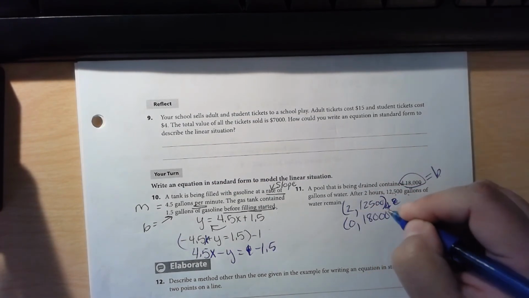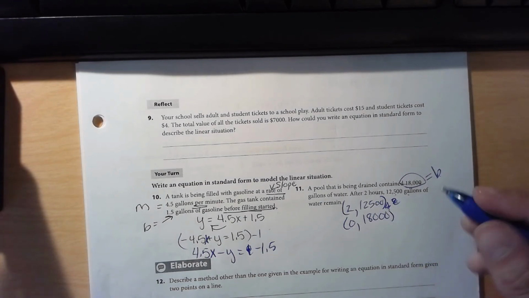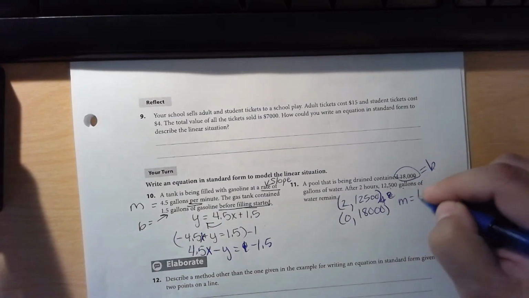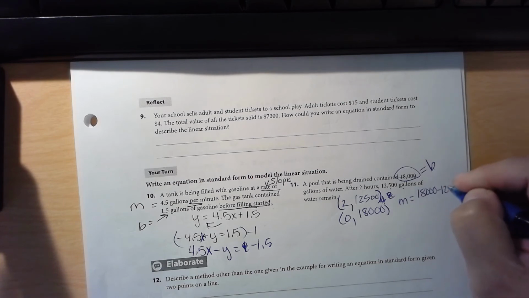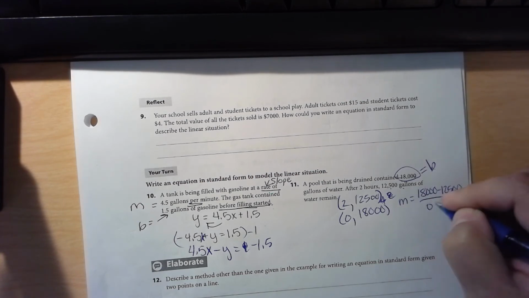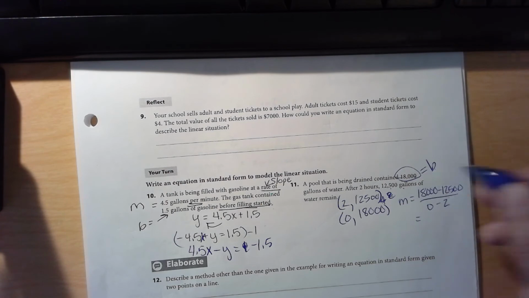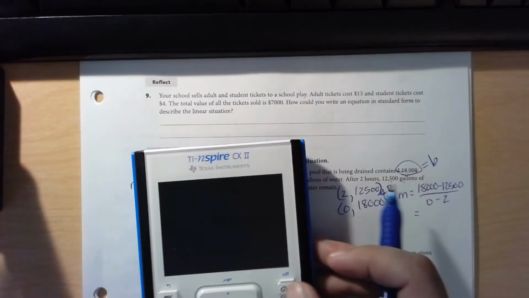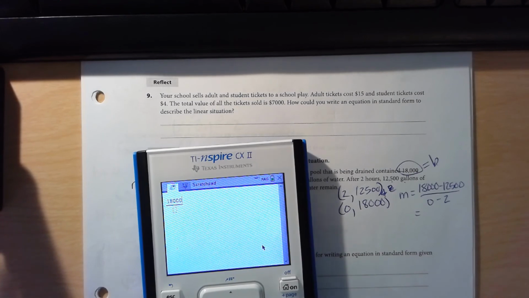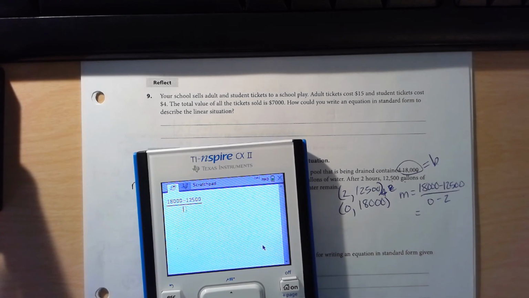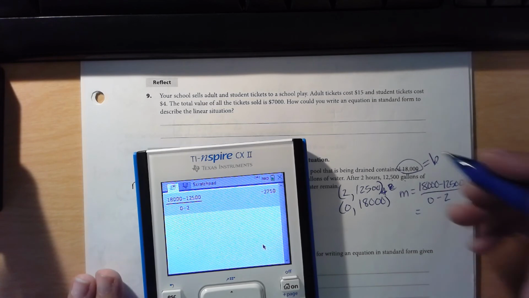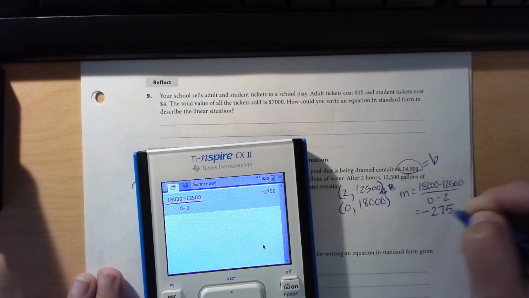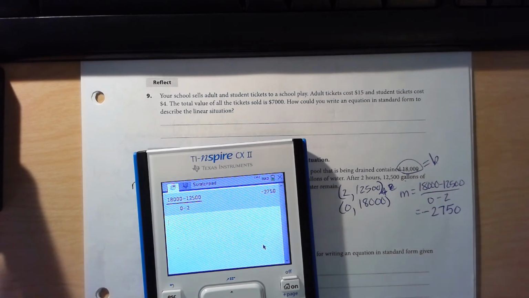So there's our 2 points. Now we can find our m. So m is 18,000 minus 12,500 over 0 minus 2. And that would give us our m, and then we can find our mx plus b. So 18,000 minus 12,500 over 0 minus 2, which is, it's losing 2,750 per hour.